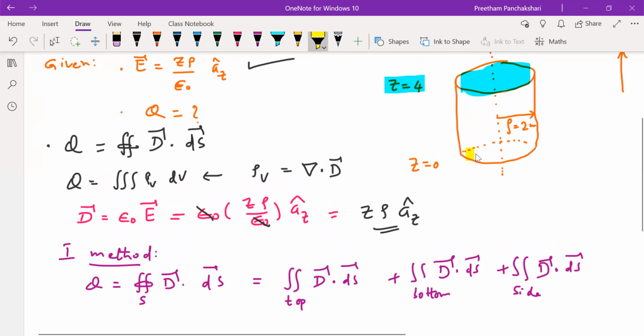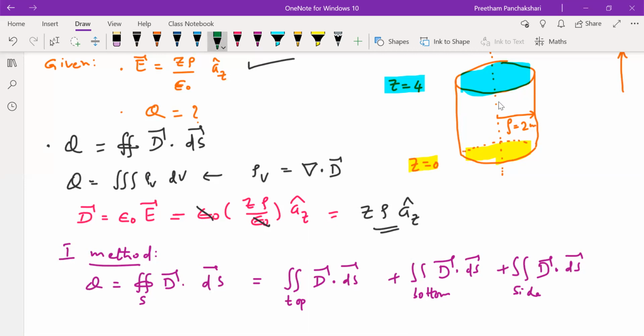The bottom surface of the cylinder is present at z equal to 0. So on the top surface, z remains constant. The top surface is a circular surface held at a height of z, so that is constant on the entire surface. z does not vary. On the bottom surface also z equal to 0. It doesn't change.